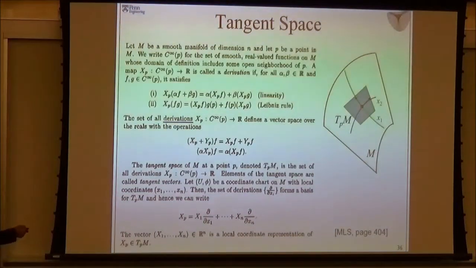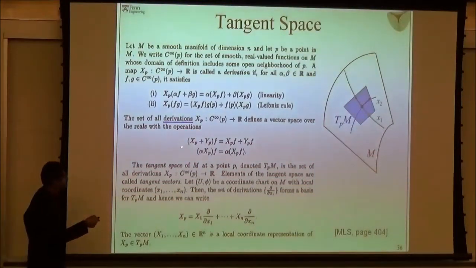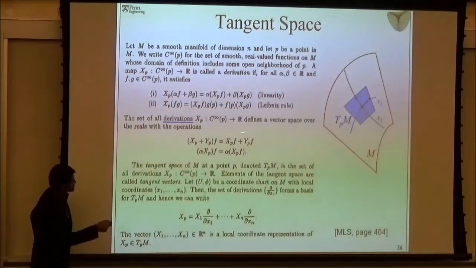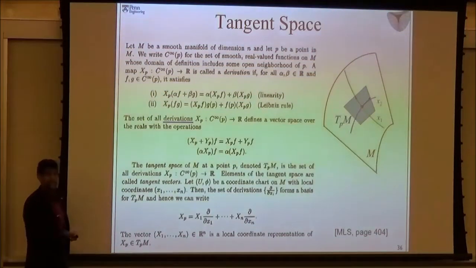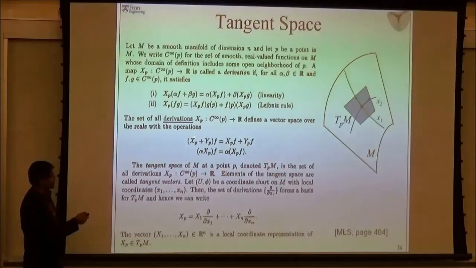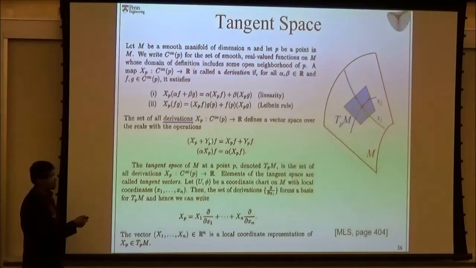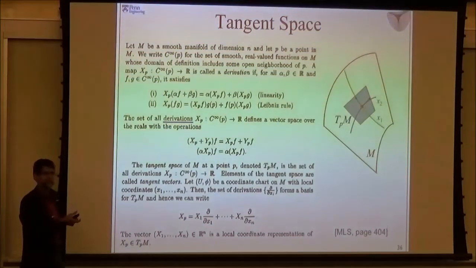And insist that the derivation actually satisfies these two properties that you see in linear algebra with vector spaces. This is basically saying if I have one derivation and another derivation and they add in a logical way, they operate on this function that I've just picked. So I can either add the derivations and operate on a function, or I can operate on the function and then add the results.